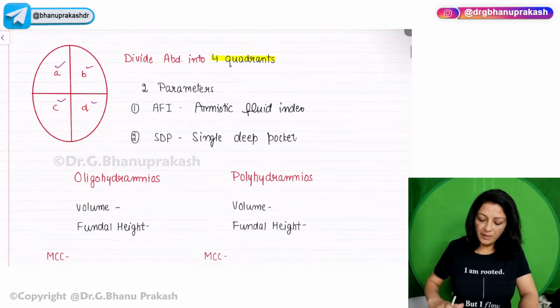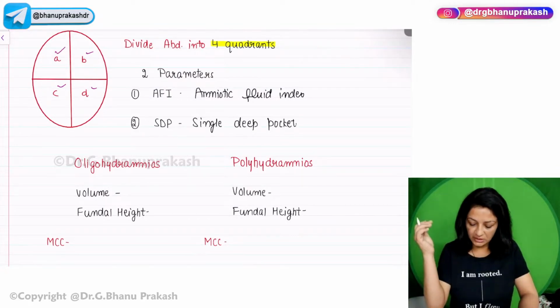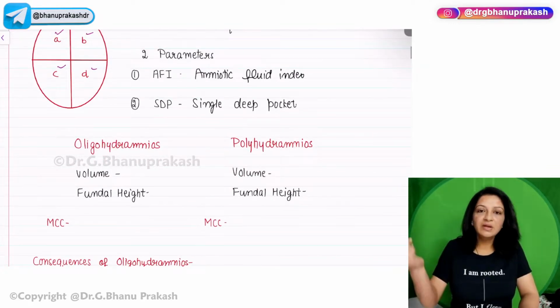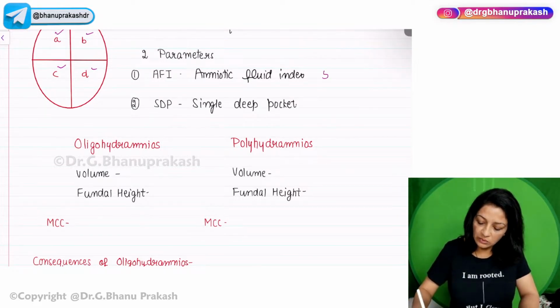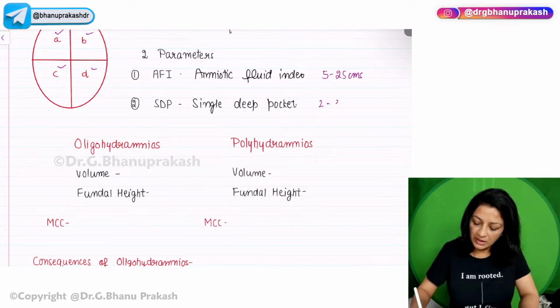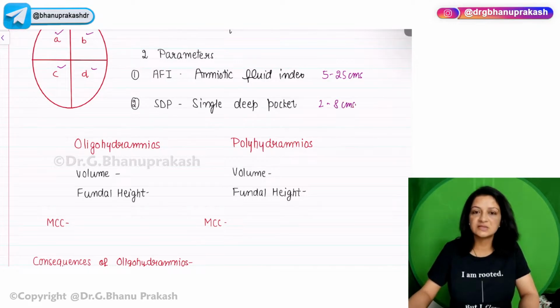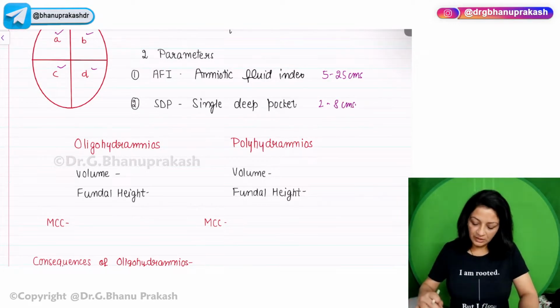These are the two parameters for amniotic fluid measurement. The normal AFI is 5 to 25 centimeters and the single deep pocket is 2 to 8 centimeters. These are the normal values of AFI and SDP.